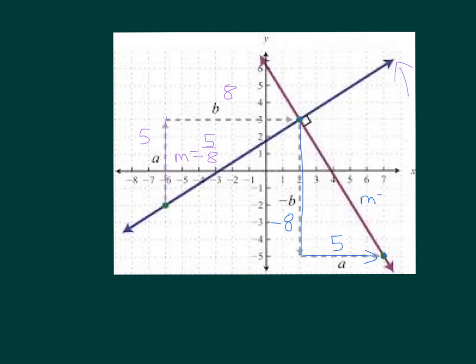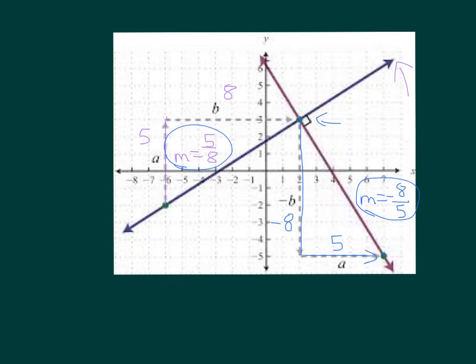So the slope of this line is -8/5. So when we compare the slope of this line to this line, and we know that these two lines are perpendicular because they're marked as meeting at 90 degrees, or in a T intersection might be an easier way to remember it, you notice that the slopes are reciprocals.